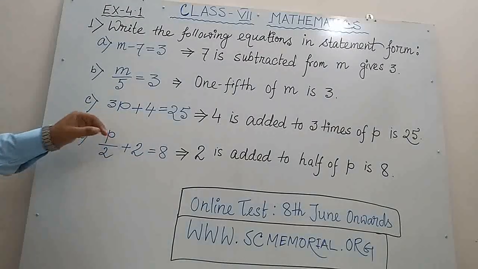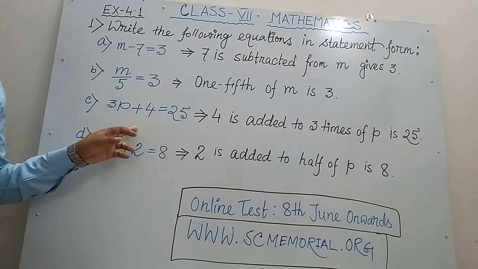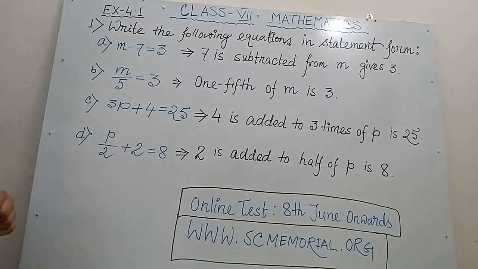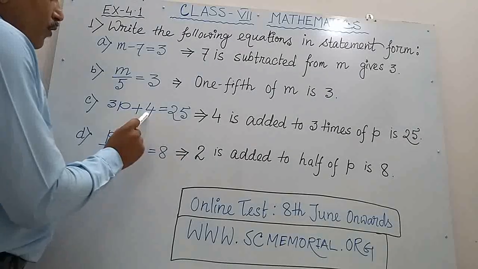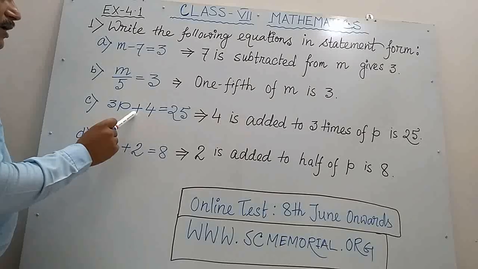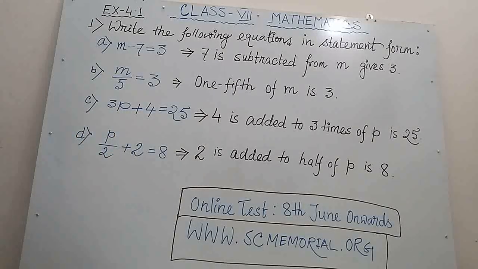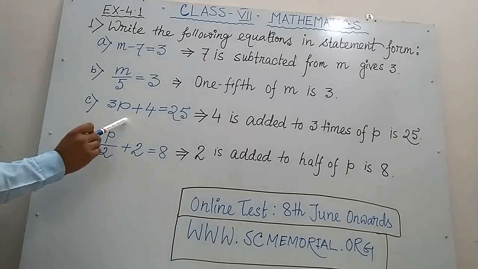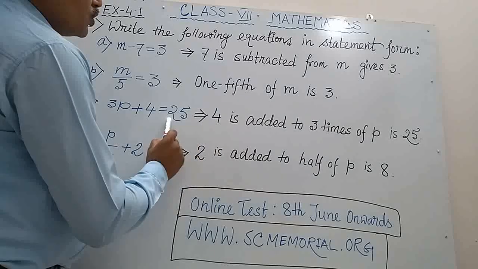Number C, 3p plus 4 equals 25. So statement form, 4 is added to 3 times of p. 4 is added to 3 times of p is 25.